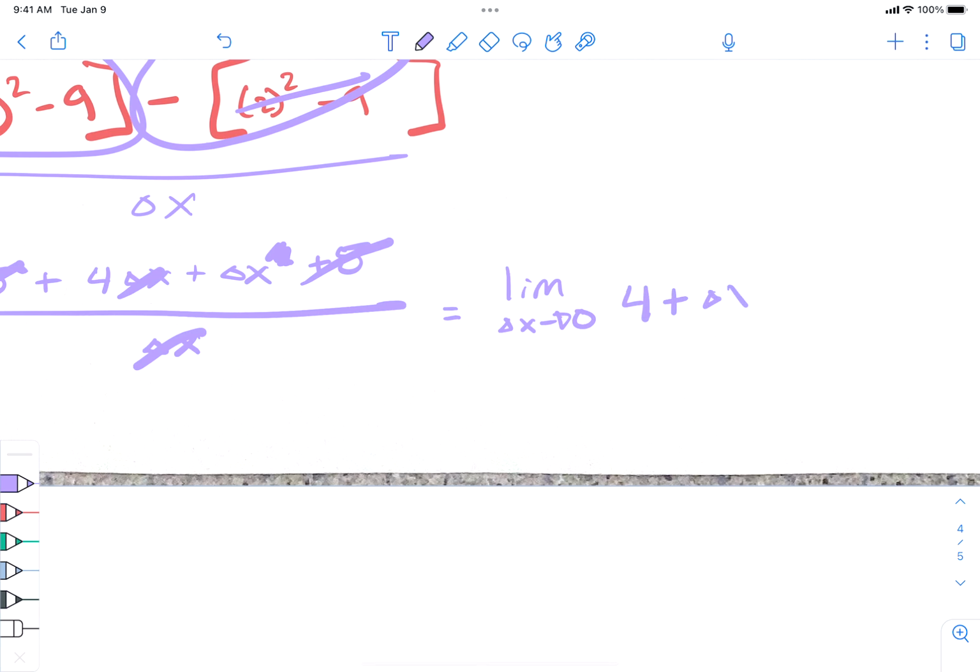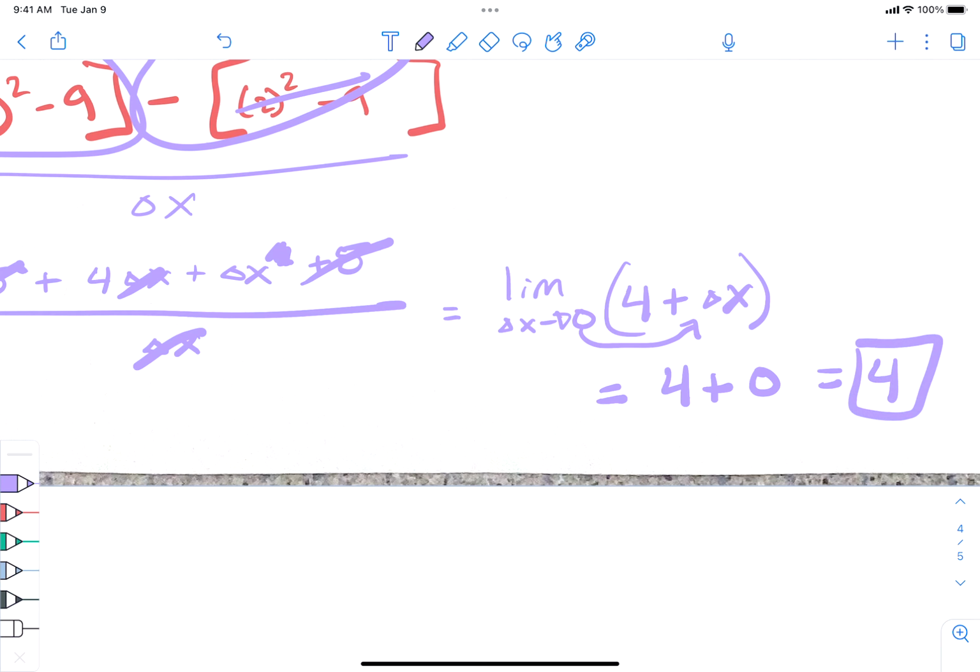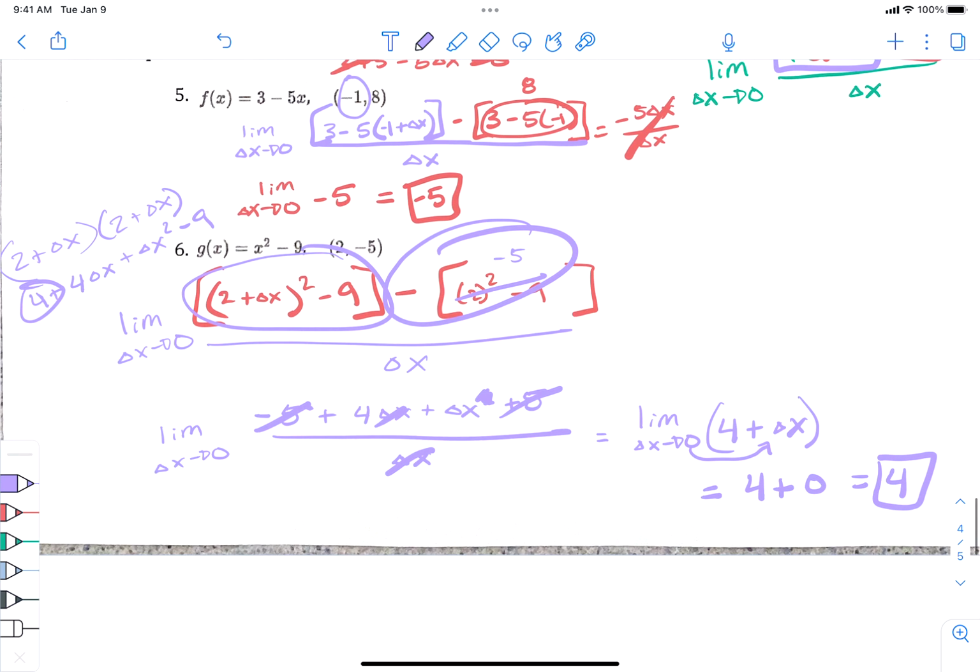I want to find the limit as change x goes to 0 of 4 plus change x. What's that going to be? 4 plus 0. We plug 0 in for change x. So it's just 4. The derivative at that point is 4.